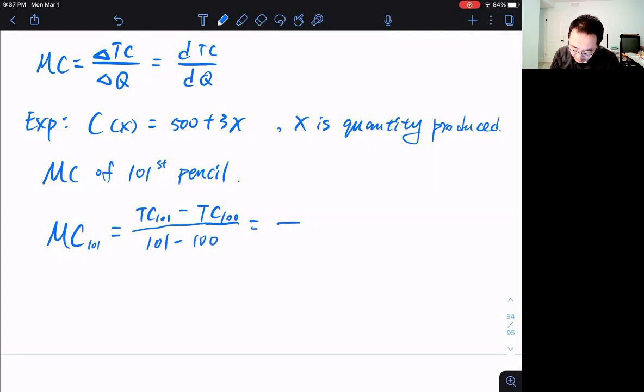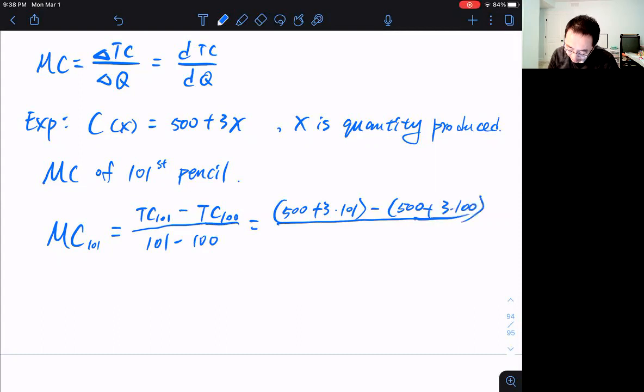In this case, we plug 101 into your total cost. And so that is 500 plus 3 times 101 minus 500 plus 3 times 100, divided by 1. And if you do all the math, you'll see this is $3. Okay, so it costs $3 to make the 101st fancy pencil.